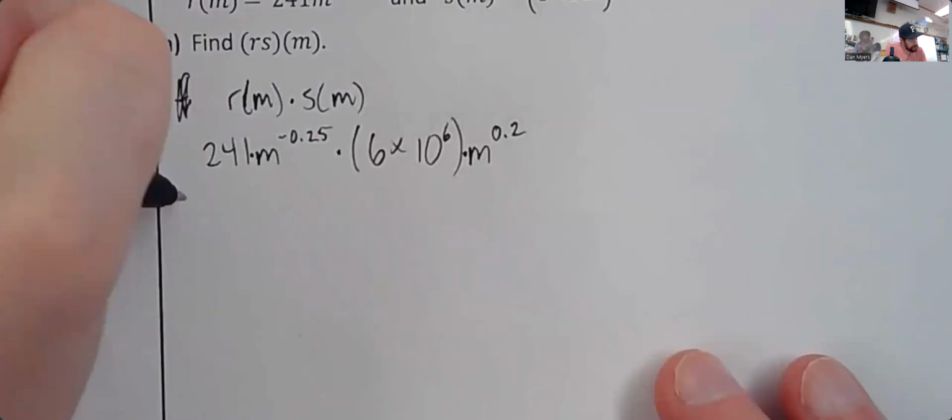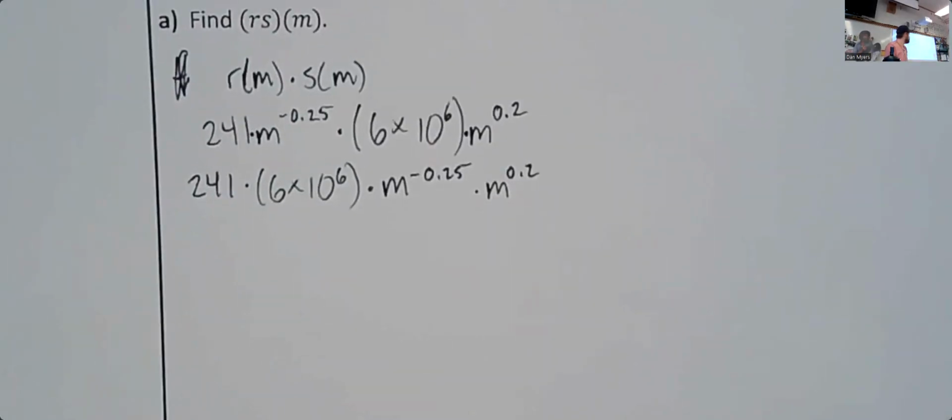So we're going to get 241 times 6 times 10 to the 6th power times M to the negative 0.25 times M to the 0.2. I'm just rearranging things to match our regular values with regular values and variables with variables.